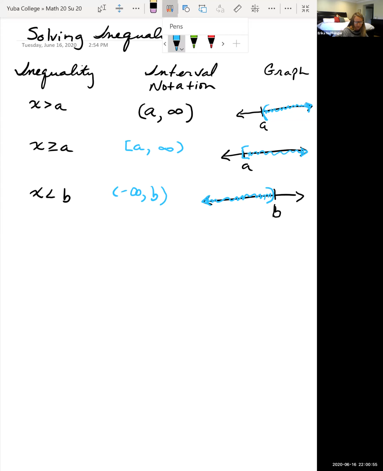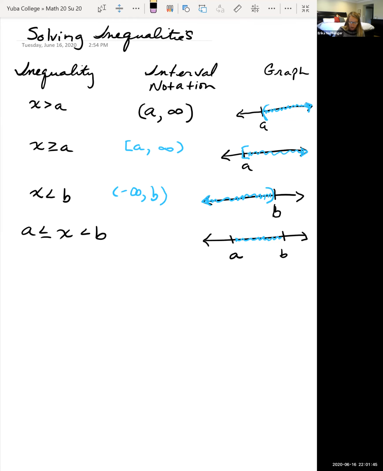Well, this is telling me that every x, that number, is between those two numbers, a and b. So we want to shade everything in between a and b, and we're trying to determine if we're including or not including our endpoints of that inequality. A has the equal to part under the inequality, so it's including it. We put a bracket.